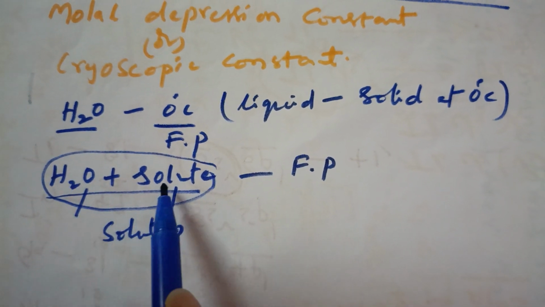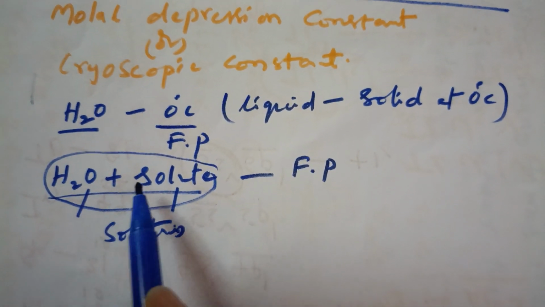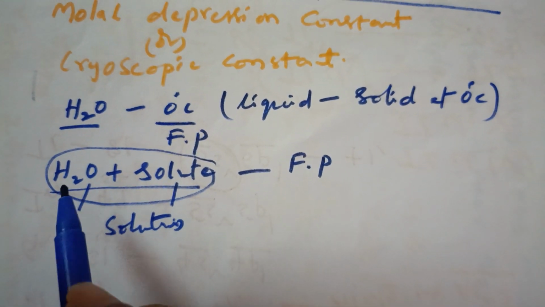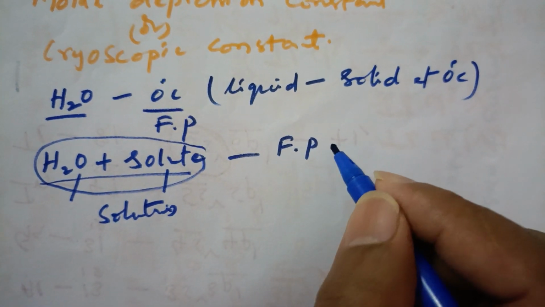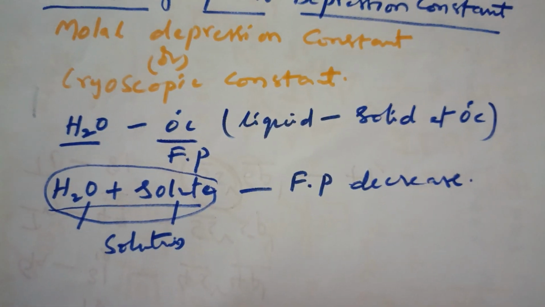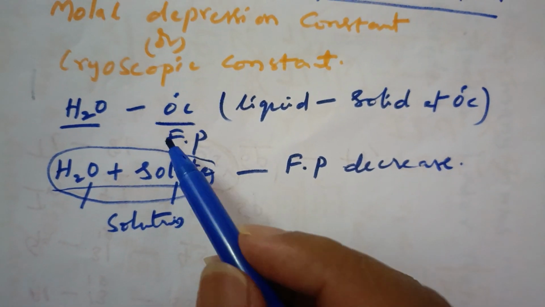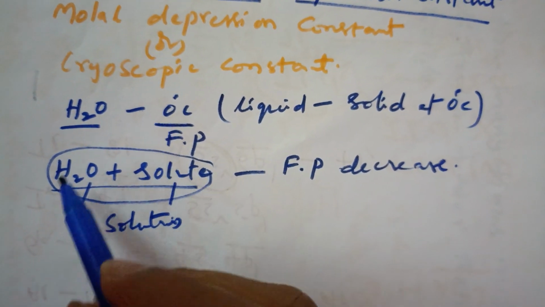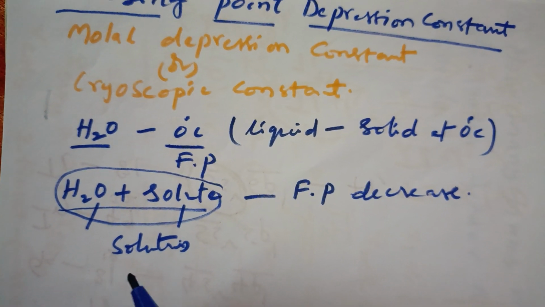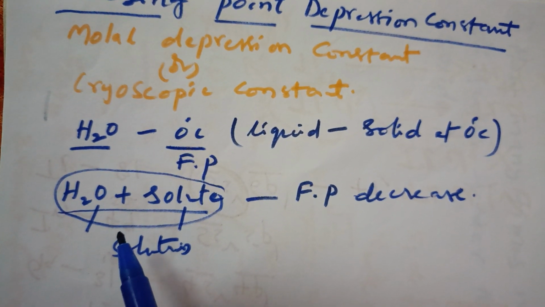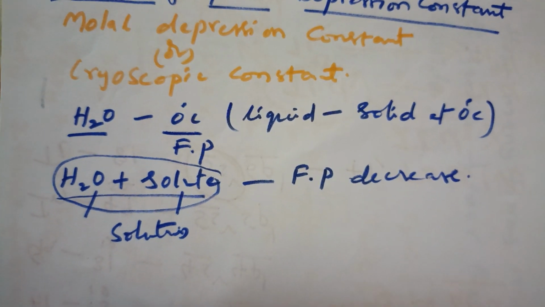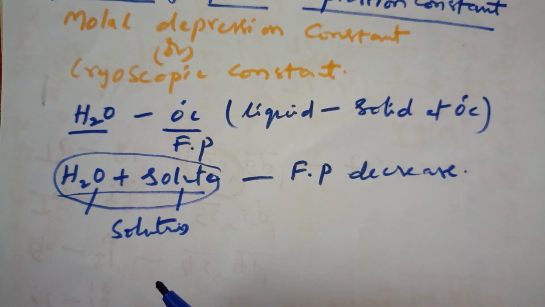If you add solute to this solvent water, then the freezing point of this solution will decrease. That means the freezing point will be less than 0 degrees. This decrease in freezing point of that solvent is called depression in freezing point. Depression means decrease in freezing point.